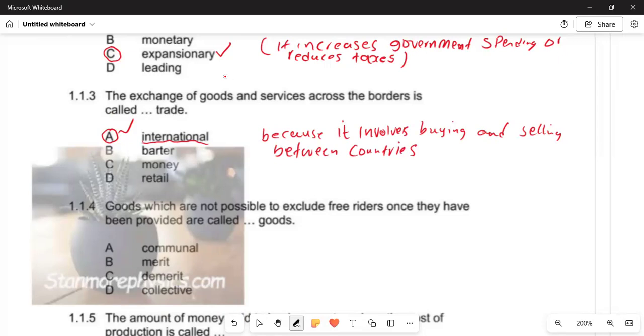That is the reason why we go for A. So now we are moving on to 1.1.4.